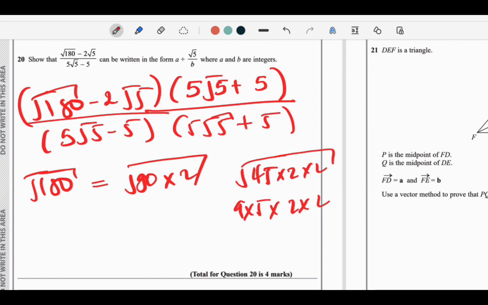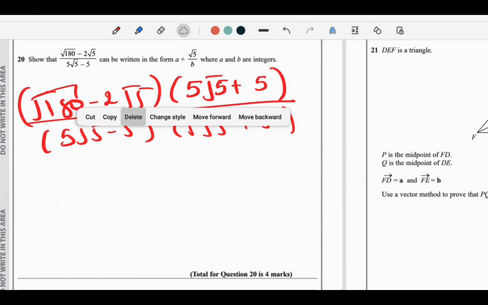Okay, perfect. The perfect squares here are 9 and 4. So I can simplify this. So that would be 3 times 2, and then the root 5 is going to stay in there. So this will be 6 root 5. Perfect.